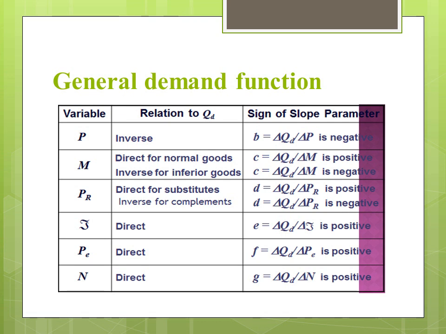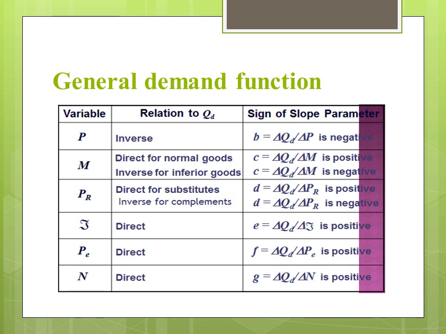Next is M, which represents the income of consumer. For normal goods, the relationship is direct, meaning the relationship is positive. When consumer income increases, he will purchase more normal goods and fewer inferior goods.